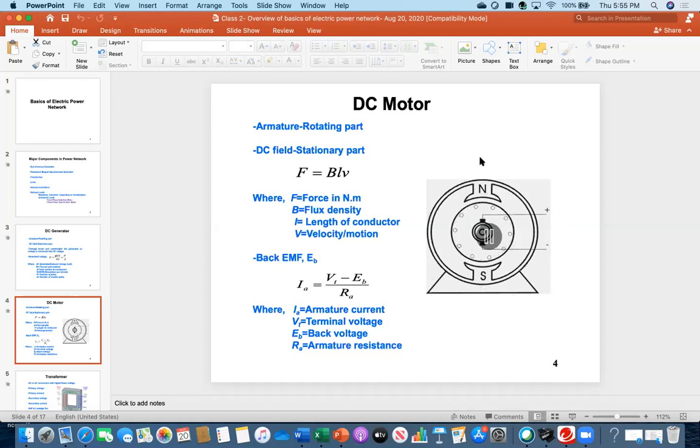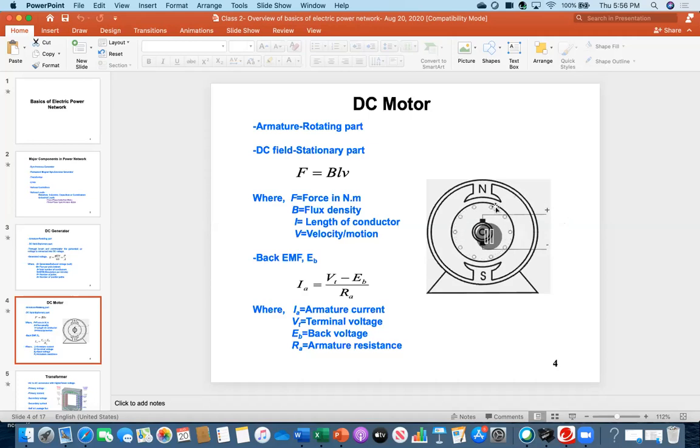The flux comes from the North Pole and enters the South Pole, and again inside it goes to the North Pole. So there is a main flux here, but once you apply the DC voltage on these coils, they will cause another set of flux. This main flux and that flux will cause interaction, and because of the interaction, torque will be created, and that torque will cause the rotation.